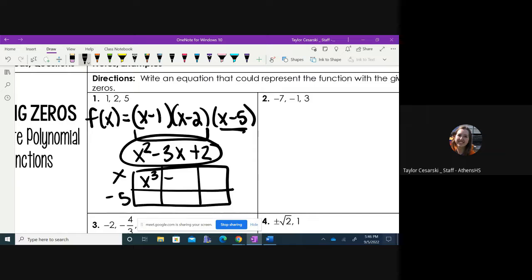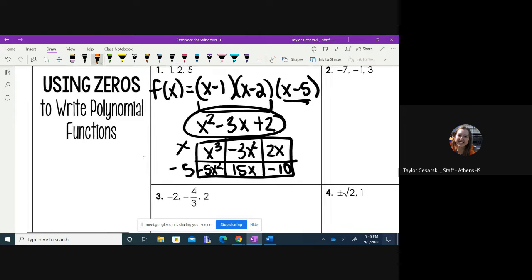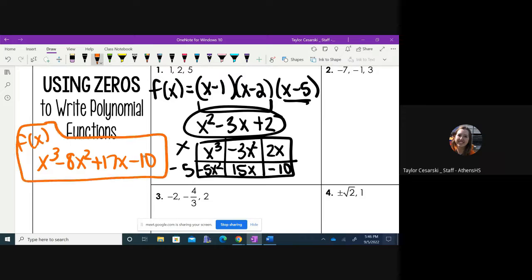So x cubed minus 3x squared plus 2x minus 5x squared plus 15x minus 10. All right, then I just need to combine like terms. And there you have your final answer with those zeros in standard form.